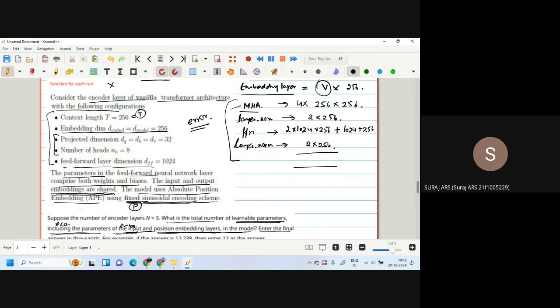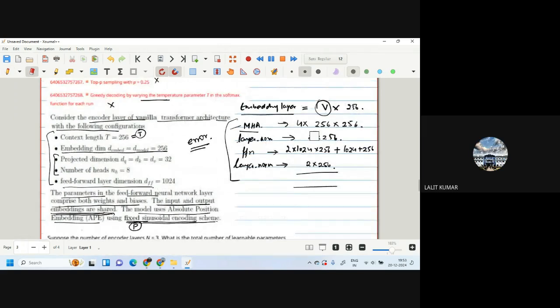But embedding dimension is given, right? D embed equal to 256. So shall we take this again, the same 256? I'm just asking. No, we can calculate this. Can somebody help me in this? Calculate this. Okay.